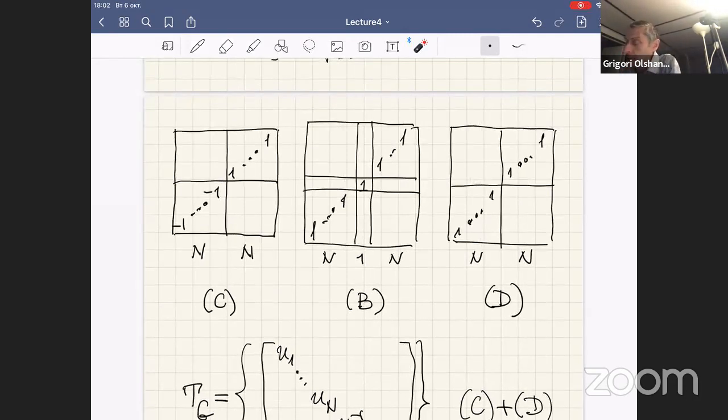The Lie algebra consists of matrices of such a type with a symmetry related to the reflection about this diagonal. In the case of type C, in this block we get matrices which are symmetric with respect to this diagonal.